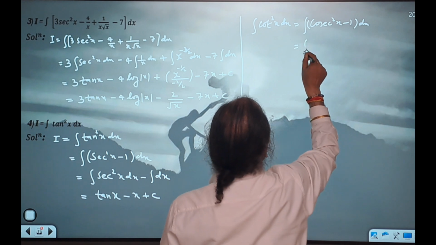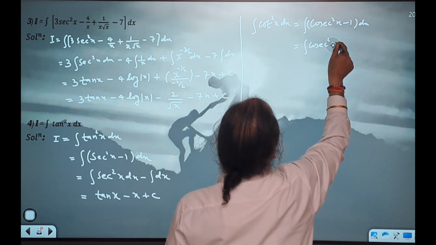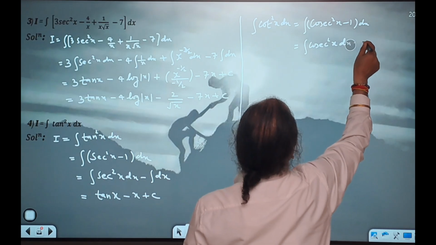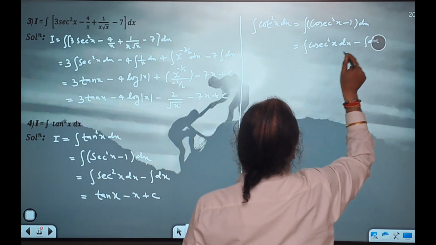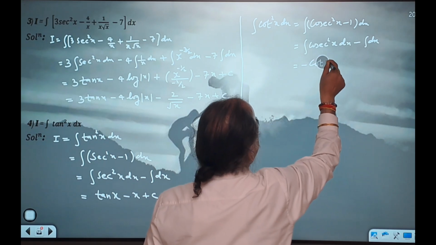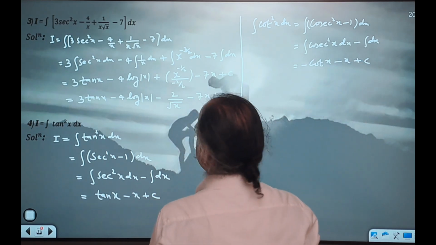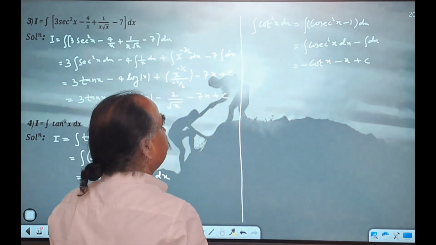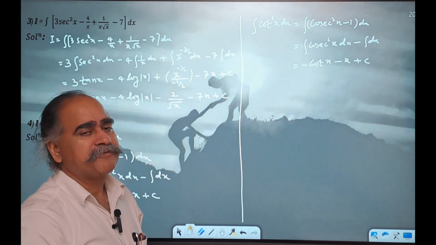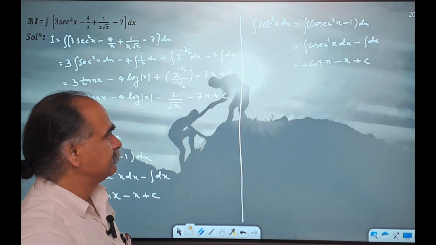Separate it: integral cosec square x dx minus integral dx. Integral cosec square is minus cot x, minus x plus c. In the same way, sec square is directly tan x, and cosec square is directly minus cot.